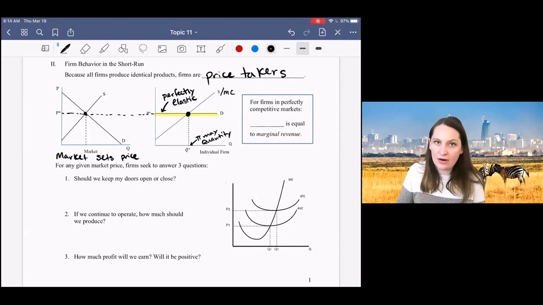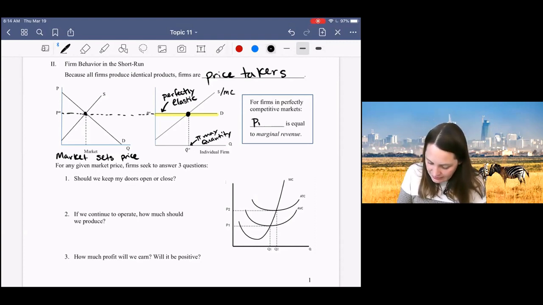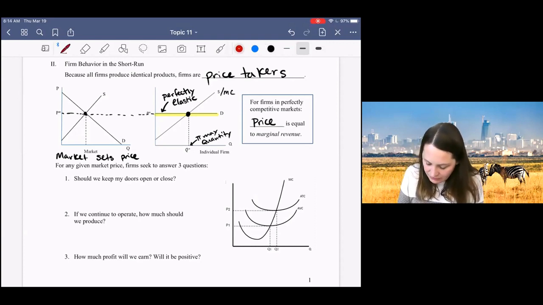So notice here that because firms take the market price as given and they have no influence over the price in the market, that price is equal to marginal revenue.